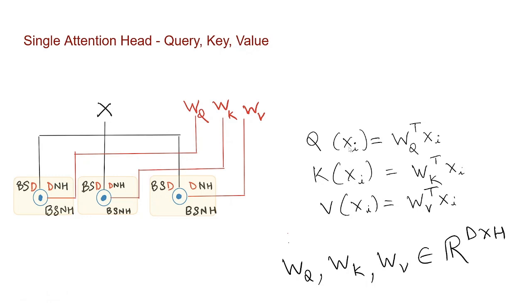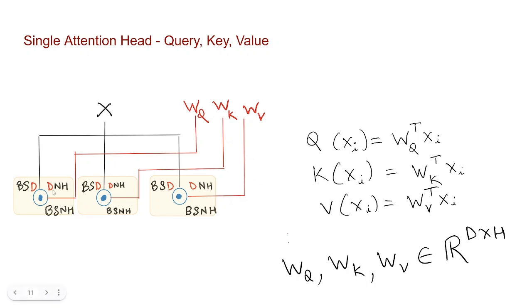Remember that I'm considering the batch to have only a single sample here. So x_i is a D-dimensional vector, and then multiplying it with W_q, which is D by H, I project that D-dimensional vector to an H-dimensional vector to obtain a query vector for that particular token. And similarly I do to obtain the key vector and the value vector.